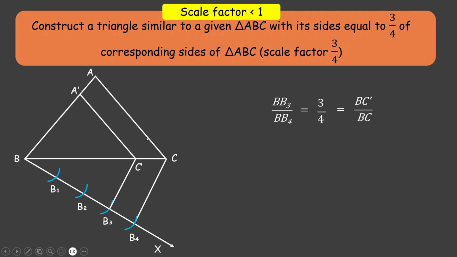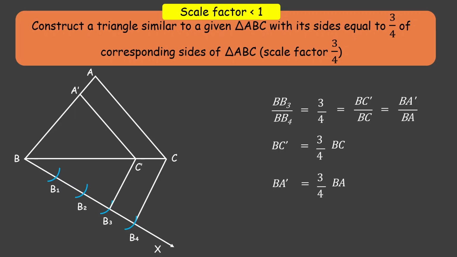So again, according to Thales' theorem, BC dash upon BC is equal to BA dash upon BA. So look over here, this BC dash is equal to 3/4 of BC. So this side BC dash of the new triangle is 3/4 of BC. Similarly, BA dash is 3/4 of BA. So we are actually using Thales' theorem over here to construct this similar triangle.